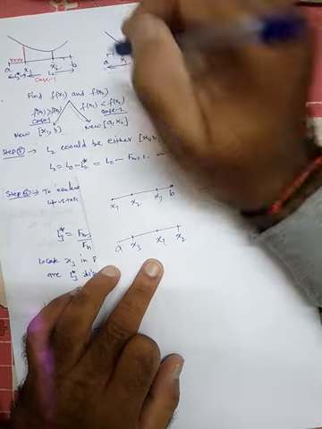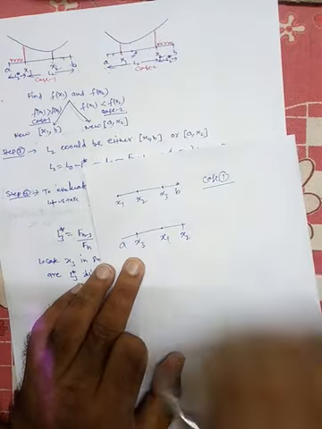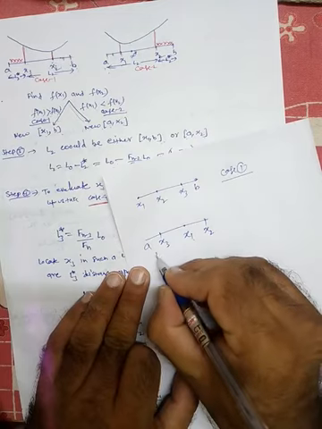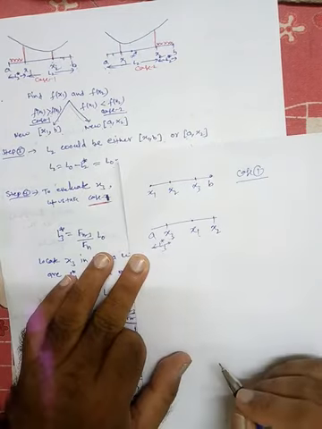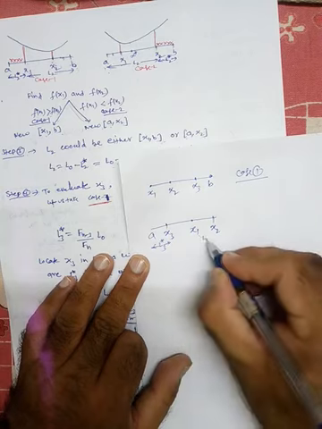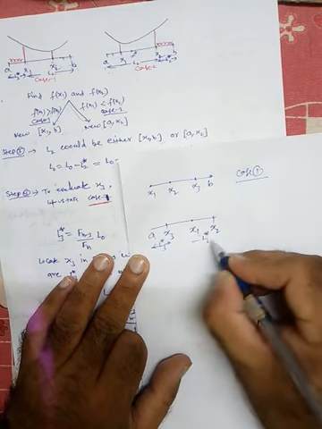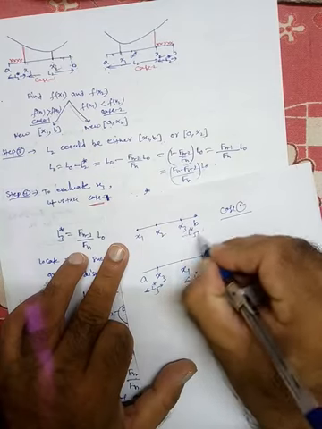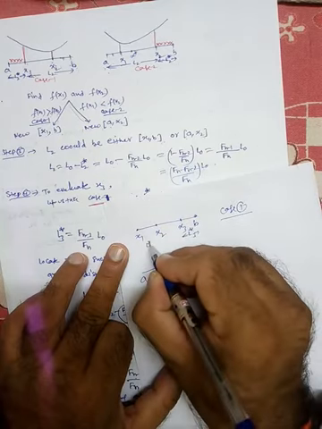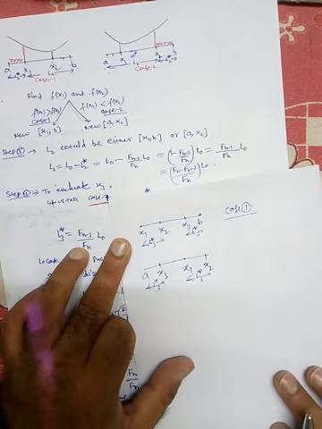So x3 will be here, and this distance is now L3 star. From here to here this distance is L3 star, and this distance is also L3 star.